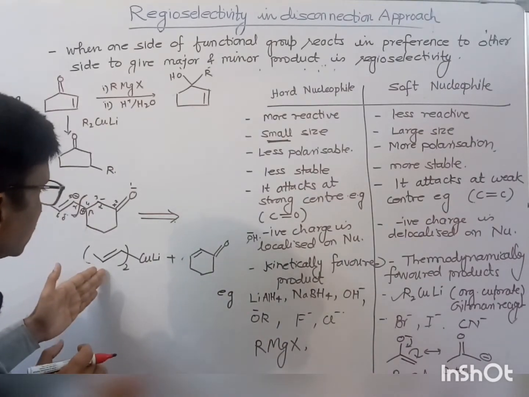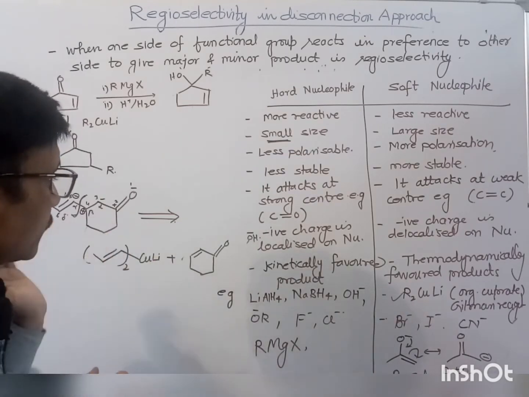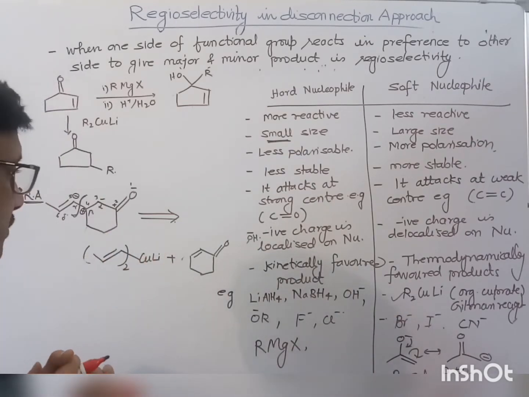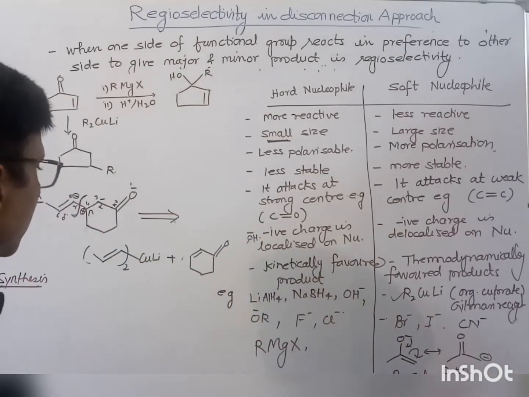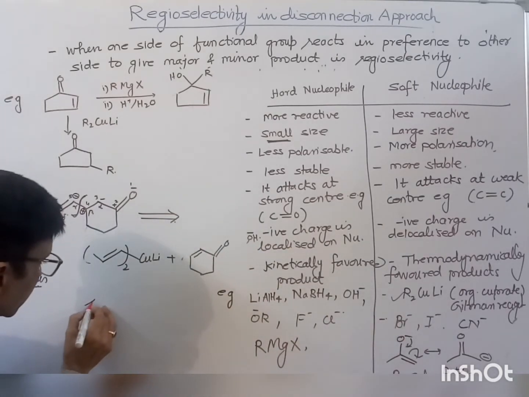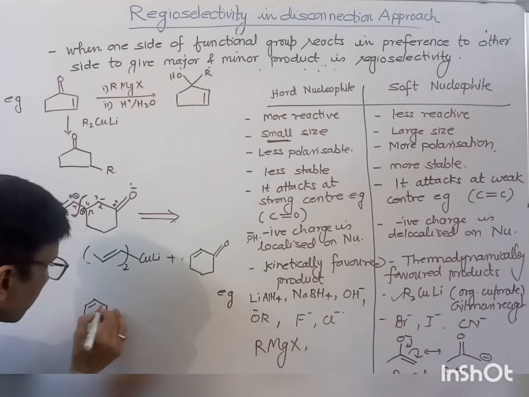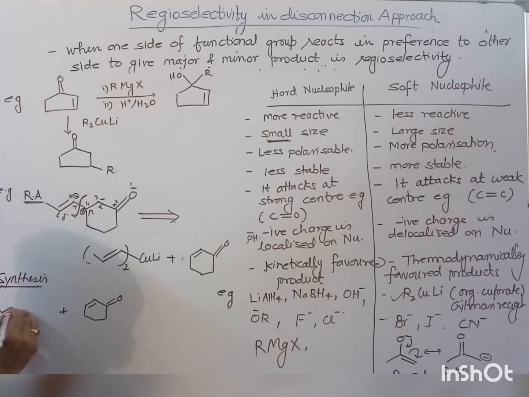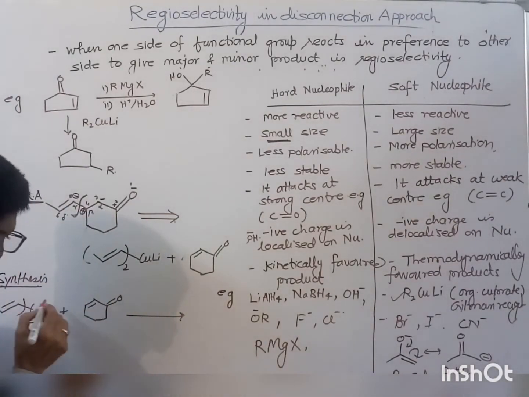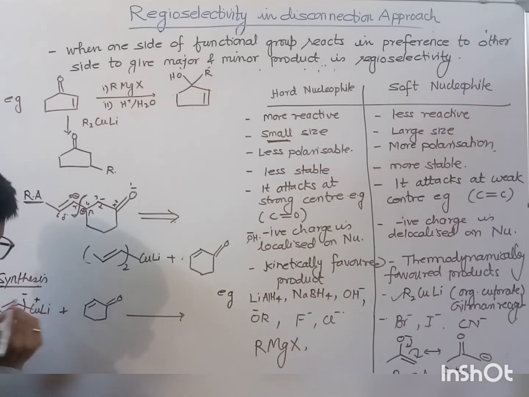So we should write here this. Now from here we can write the synthesis. If we write the synthesis in the reverse direction, this is the positive and this is the negative.